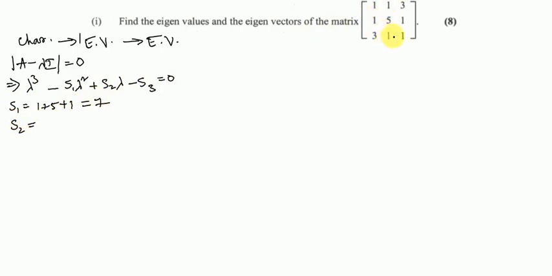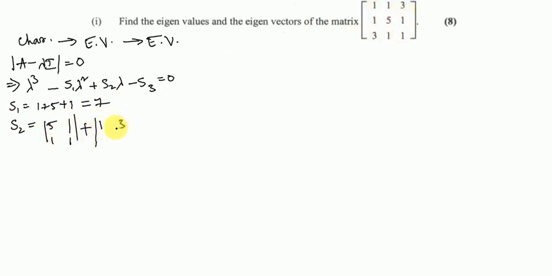The minor is the determinant of 5 1 1 1, plus the next diagonal element is 5, and the minor of this element is the determinant of 1 3 3 1.